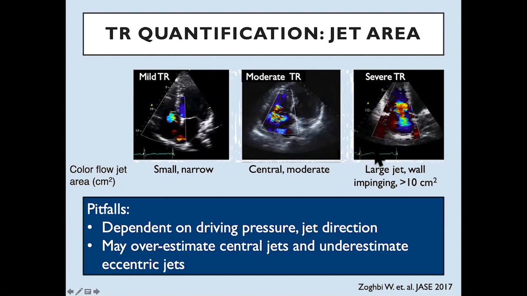If you have a large, wall-impinging jet, more than 10 square centimeters in area, we are often talking about severe tricuspid regurgitation. The problem is that this method depends very much on driving pressure and jet direction, and you may overestimate central jets and underestimate eccentric jets. So it's a good overall subjective assessment, but you have to take the quantitation further.